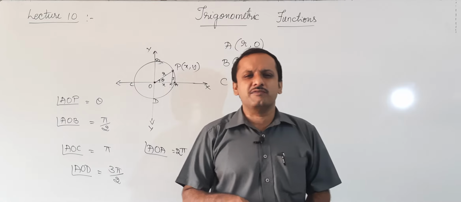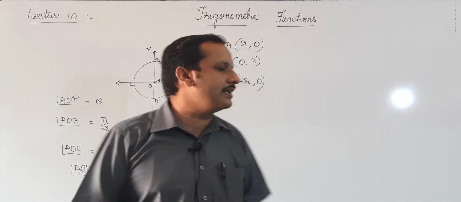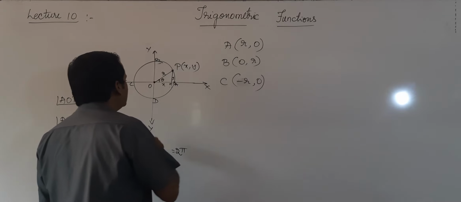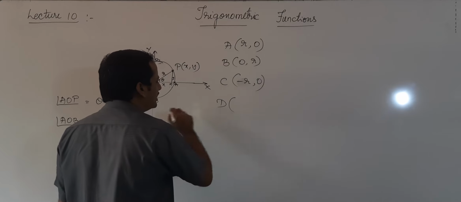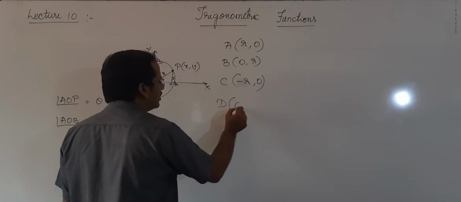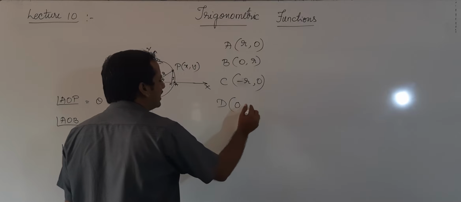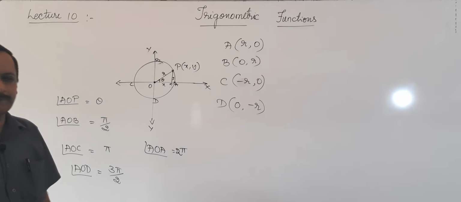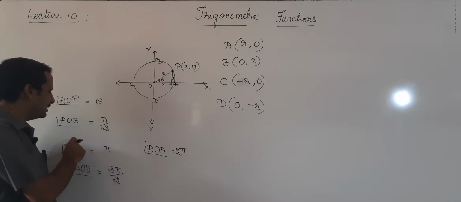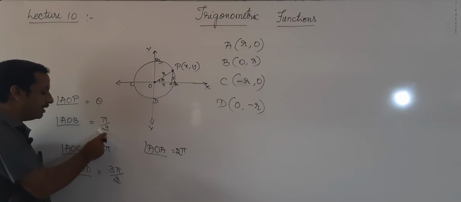Similarly, if a point is on the y-axis, then its x coordinate is 0. So, coordinates of C are (minus r, 0). Then the coordinates of D are (0, minus r).